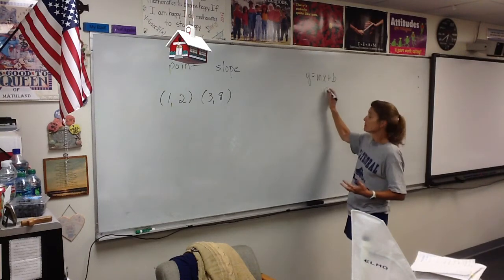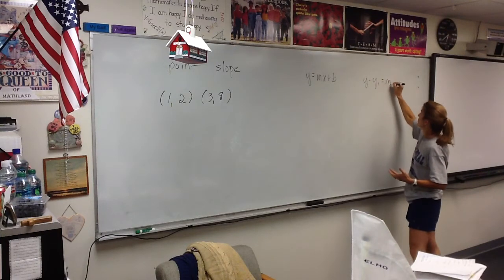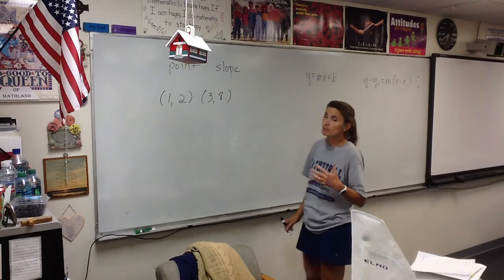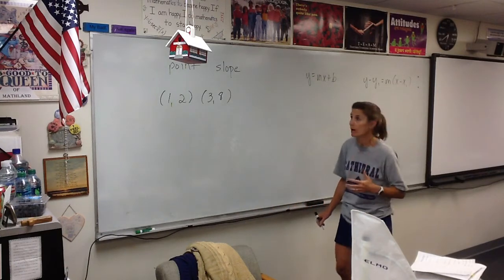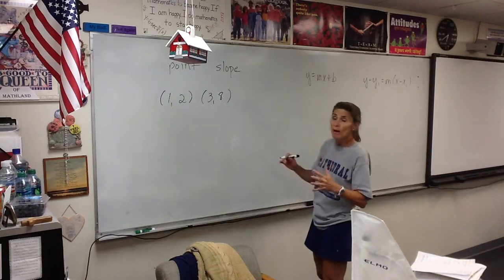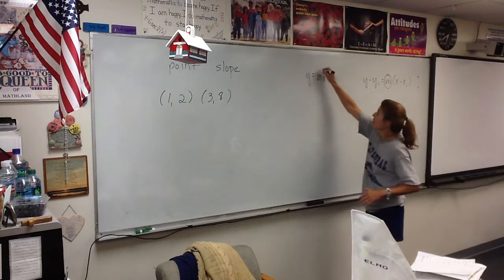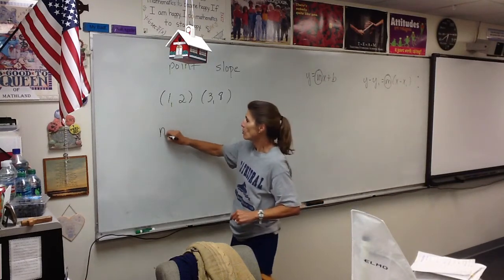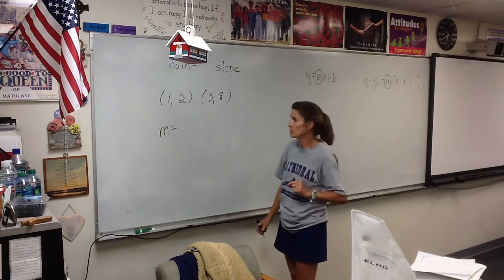This is called slope-intercept form, or we can use point-slope. Ultimately, groupies, it doesn't matter. Your job is to write the equation of the line. Either way, you have to have your slope. So step 1, no matter which way you're doing the problem, is find the slope.